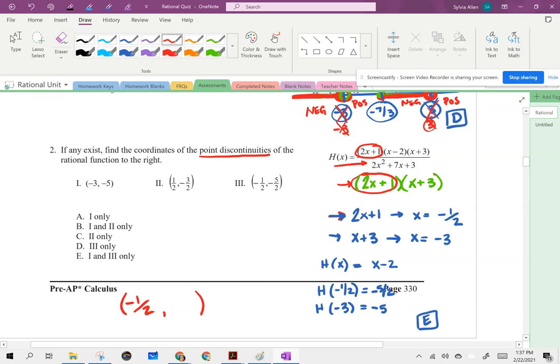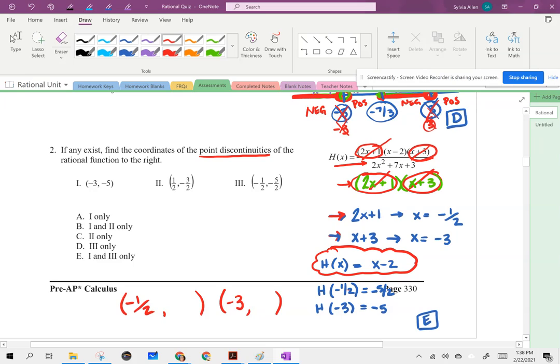And then the other common factor is x plus 3. So the x value at that hole is -3. And so then what we have to do is get rid of those and then simplify that. So we get h of x is equal to x minus 2.